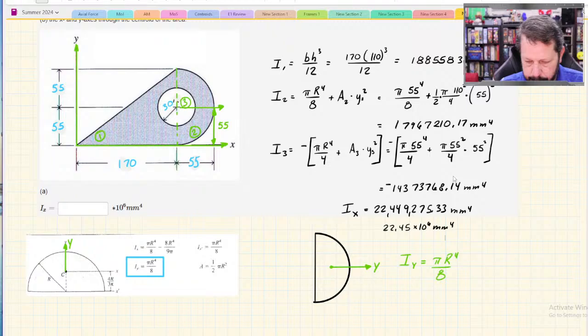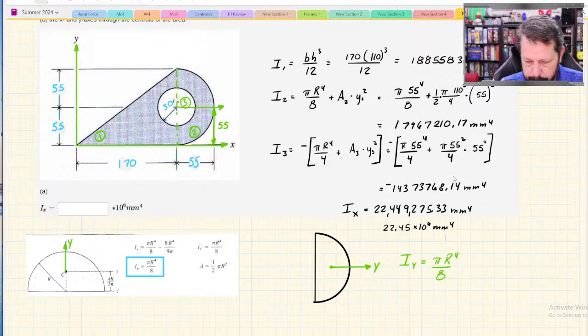Times pi. Second one looks okay. See about the last one.